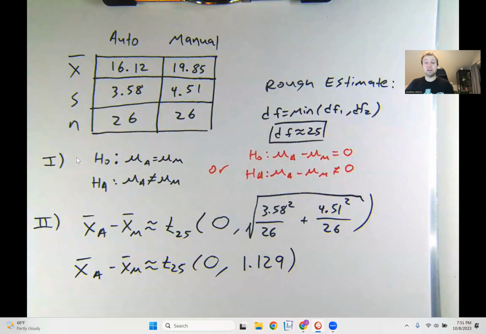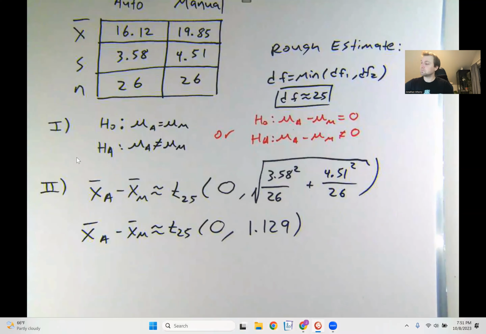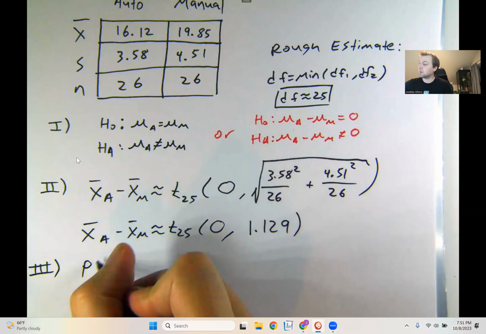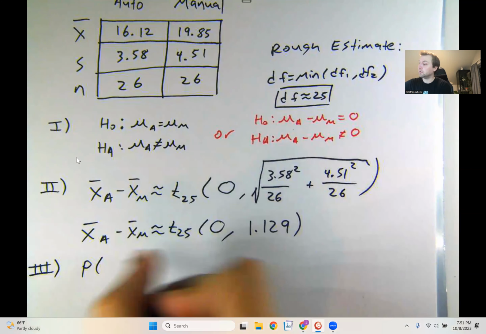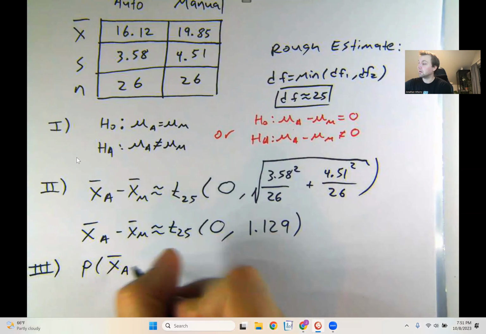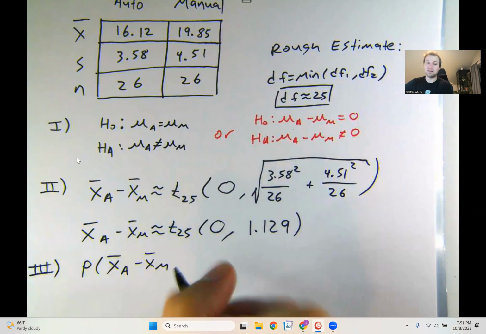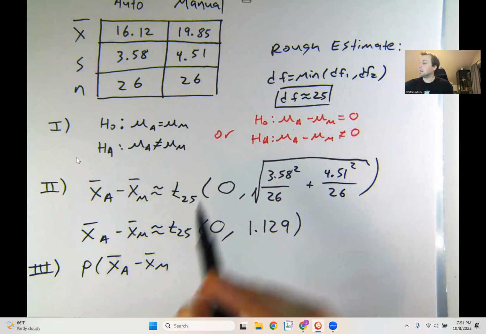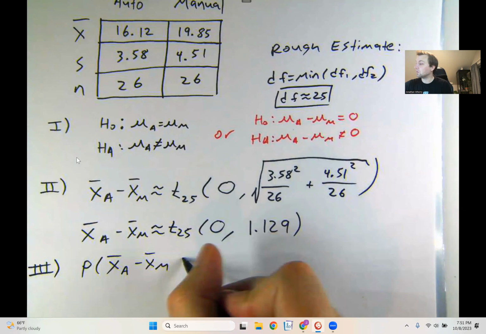Third step, my p-value step. I want to look at the likelihood of my data. Now, my data here is saying take the average for auto minus the average for manual, and I'm testing for does not equal.